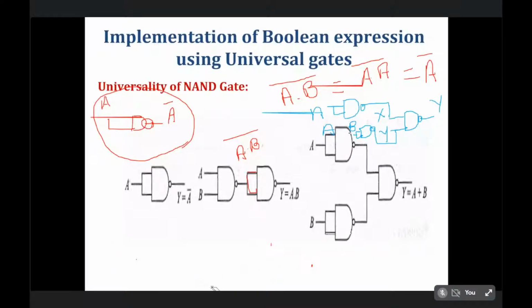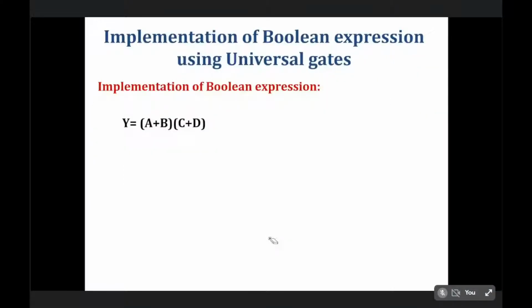So you know how we can implement the basic gates with the use of the universal gates NAND and NOR. Now, this is a simple Boolean expression.